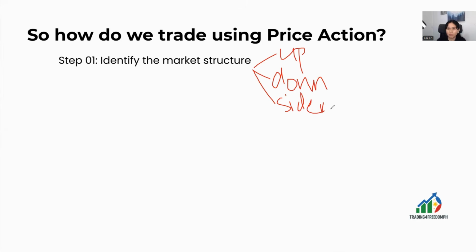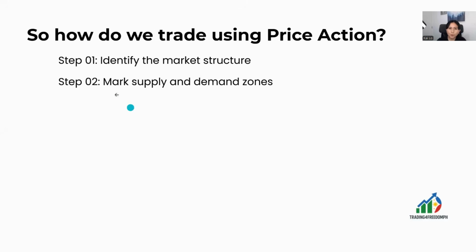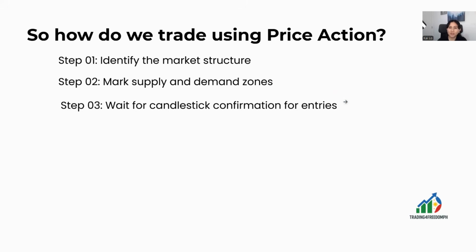That's the very first step. Second, we mark up the supply and demand zones, which, as we know, are our support and resistance areas or our areas of interest. And step 3 is we wait for candlestick confirmation for our entries.